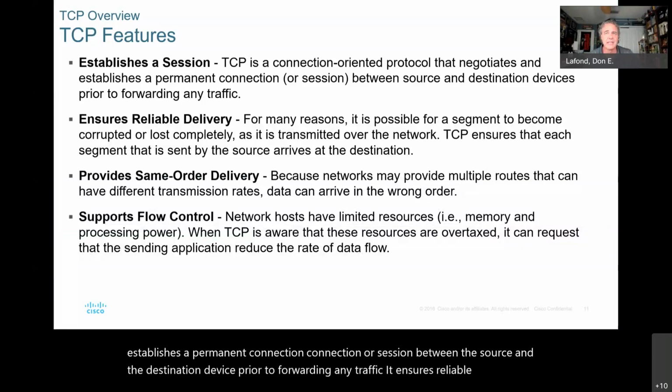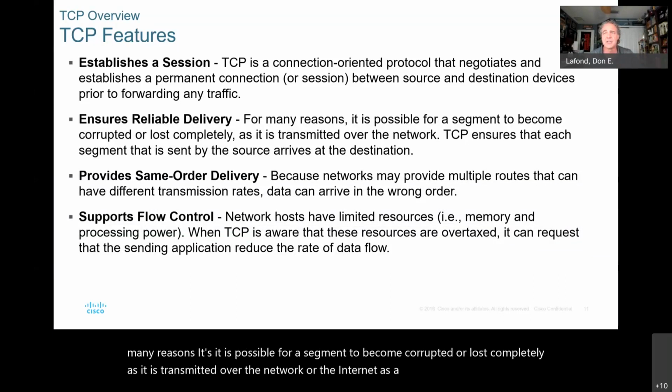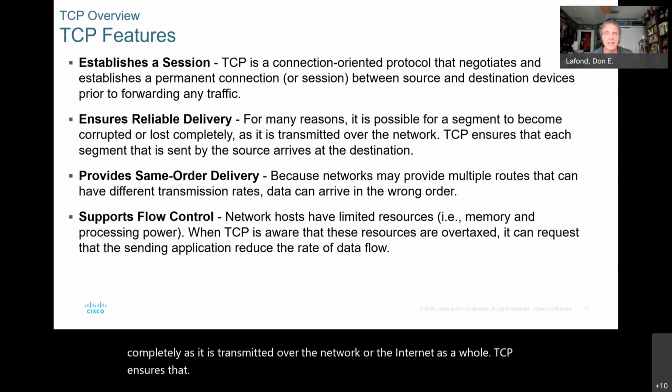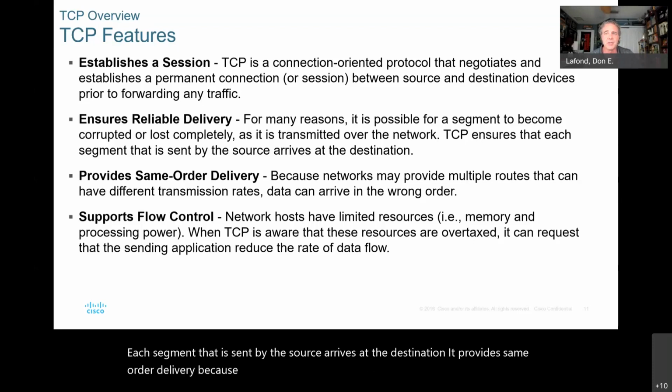For many reasons, it is possible for a segment to become corrupted or lost completely as it is transmitted over the network or the internet as a whole. TCP ensures that each segment that is sent by the source arrives at the destination. It provides same order delivery because networks may provide multiple routes that can have different transfer rates. Data can arrive in the wrong order.